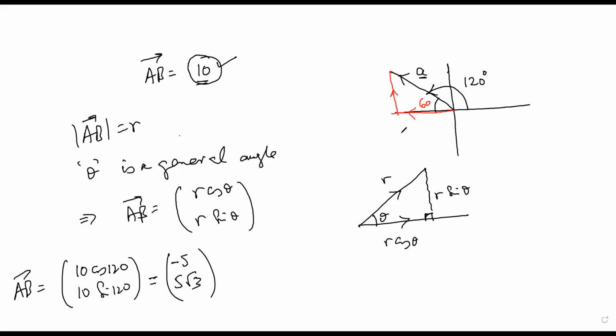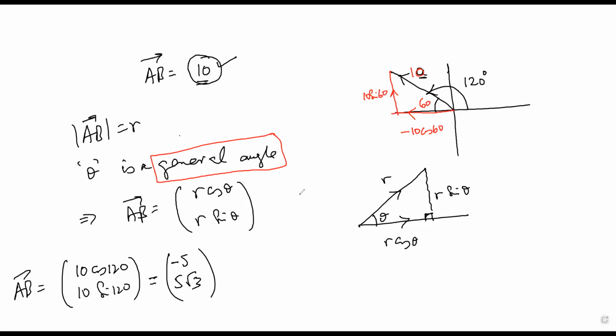So she would write it as, the magnitude is 10 here, this is minus 10 cos 60, and this one is 10 sin 60. So if you use the basic angle, you will have to predetermine the sign of each component. And if you use the general angle, you will not have to worry about what the sign of the x component and the y component would be.